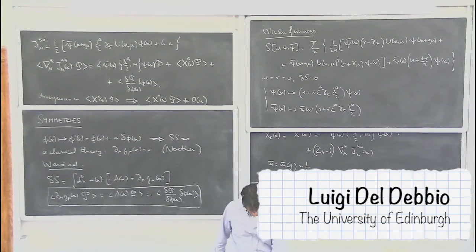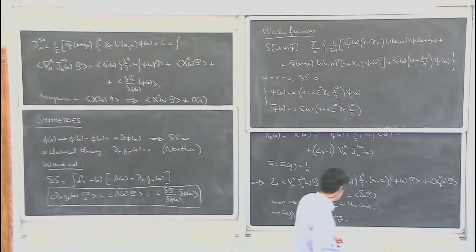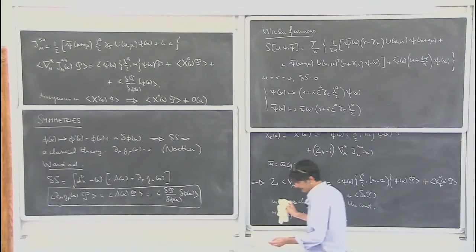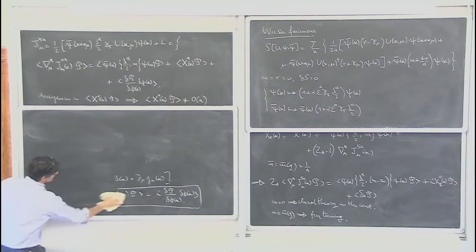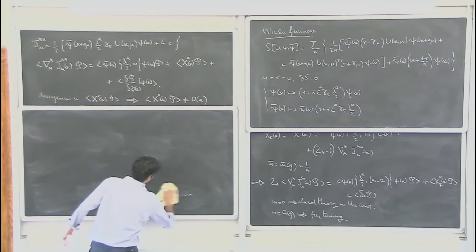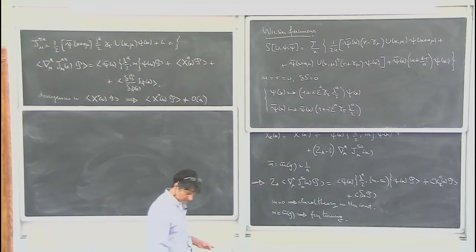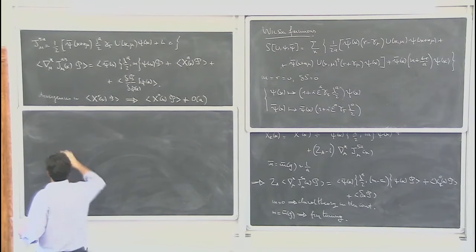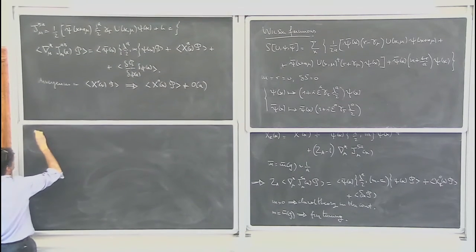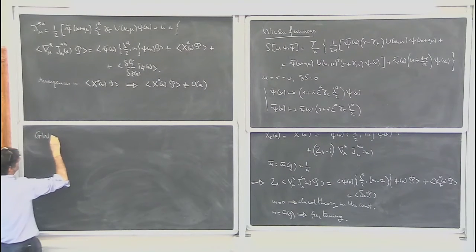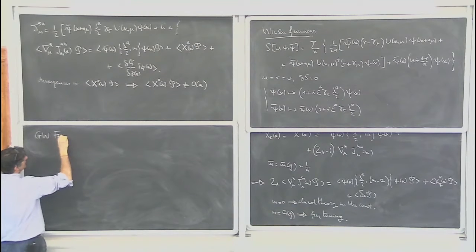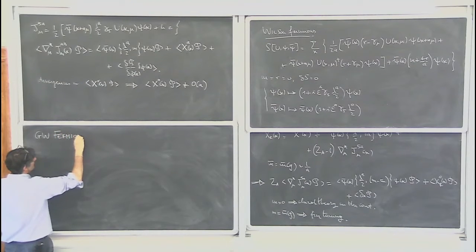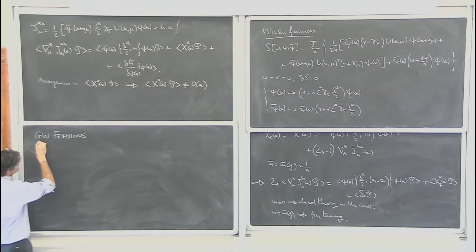Now, let's move on to Ginsparg-Wilson fermions and see what we can say about symmetries. In the case of Ginsparg-Wilson, and here we will focus mostly on the axial symmetry, on the U(1) axial symmetry, so on the flavor singlet sector.